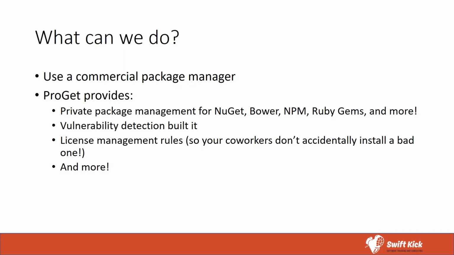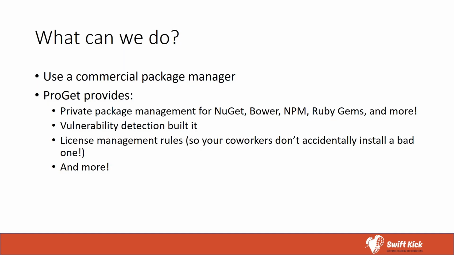Likewise, license management. Maybe our lawyers say, these are the only licenses you're allowed to use: the MIT license, the Mozilla open license, etc. Don't use anything that doesn't use one of these licenses without prior approval. Well, package management is kind of the Wild West. I could just go to NuGet and install anything I want to. And even though NuGet will tell me what the package license is, it's not going to stop me from installing.